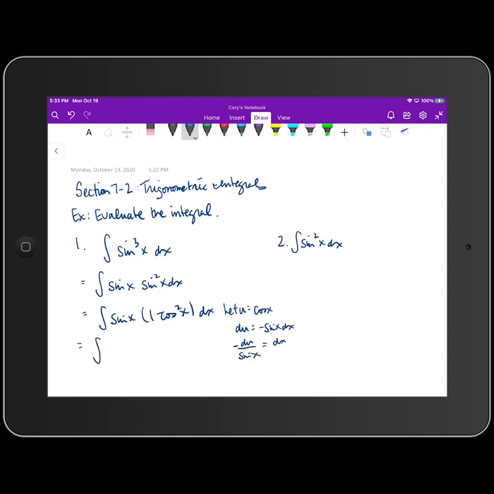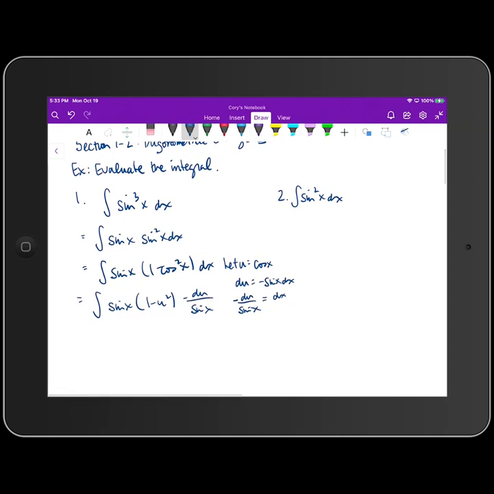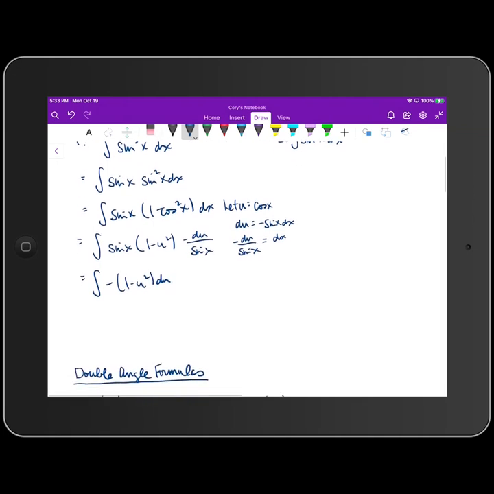So this integral then becomes the sine of x times 1 minus u squared, so we're going to replace cosine with u, and replace dx with negative du over the sine of x. So the factors of sine cancel, and this integral becomes the integral of 1 minus u squared, which we're integrating with respect to u.